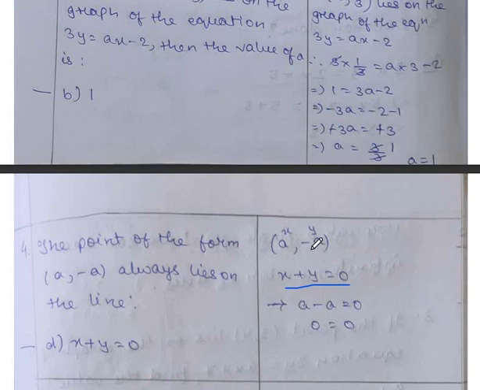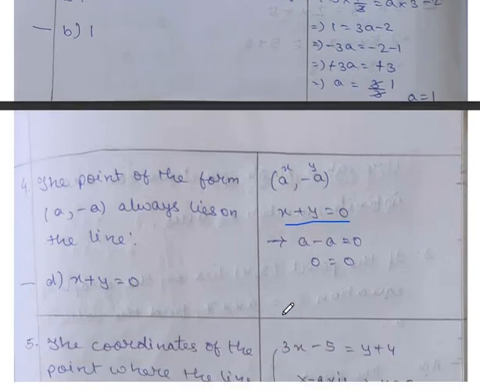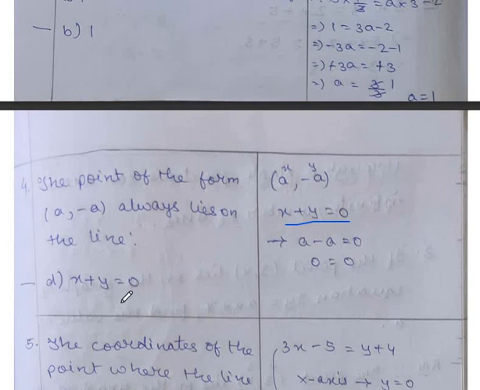That means this point will definitely lie on this line. That's why D is the right option, x plus y equal to 0. The other options we don't need to test. If you can guess, then select the fourth option, put this point there, and definitely left and right will both match, so the point will satisfy the equation.